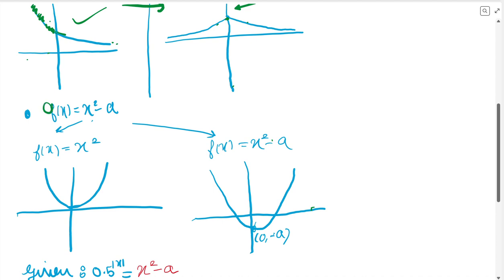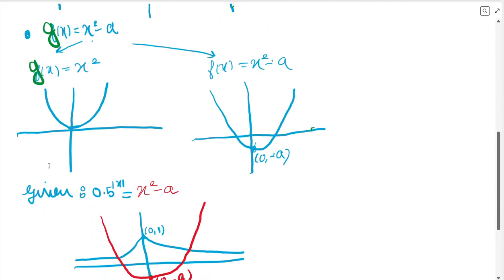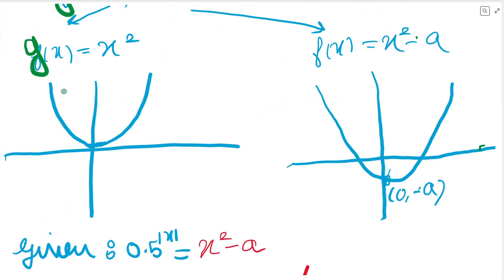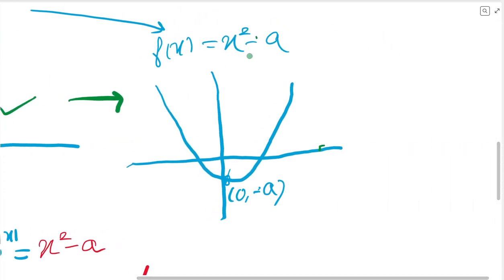Now we have to plot the g(x) graph. We'll draw the basic graph of x square. For y equal to x square, we have an upward facing parabola. This we must know by heart. Then we'll subtract a from it.